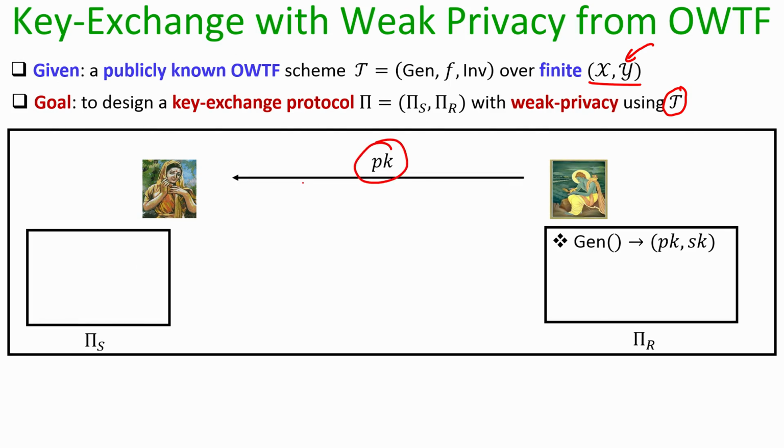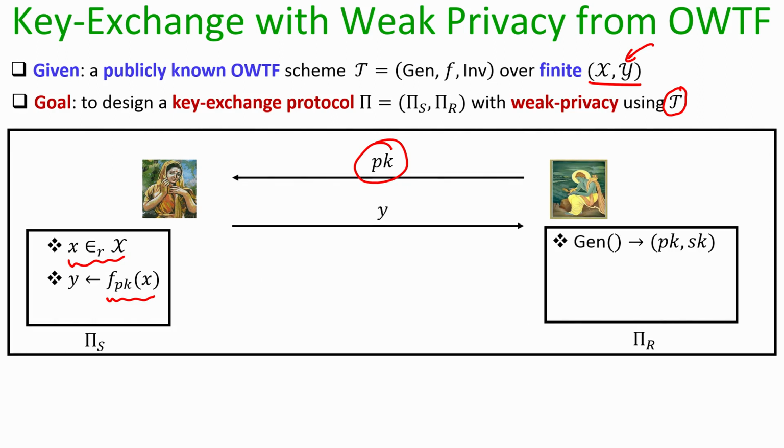Once the sender learns the public key, it picks a random x from the domain of the function f. It knows the description of the function little f, and it now knows the public key pk. It can just evaluate the function little f using the key pk and the input x, obtain output y, and communicate it to the receiver.